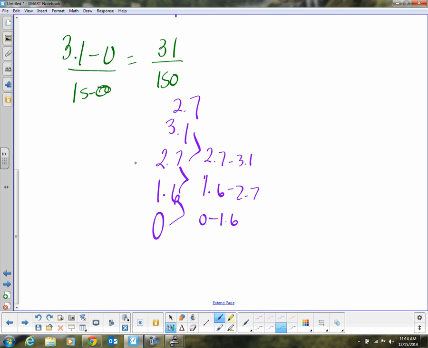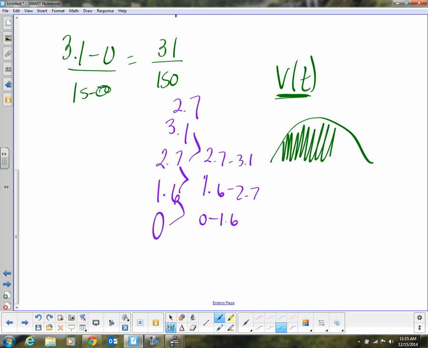What does the approximation in part C represent? That's the area under the curve. What is velocity? Wait, what is number D? Is that the first derivative? Right, velocity is the first derivative. So what is the area under the curve going to represent? It's the original. What's the original?